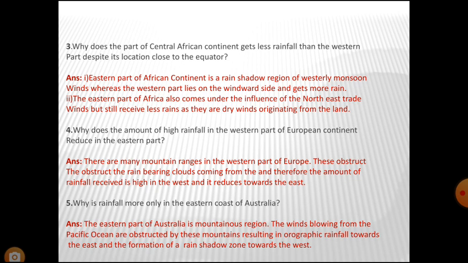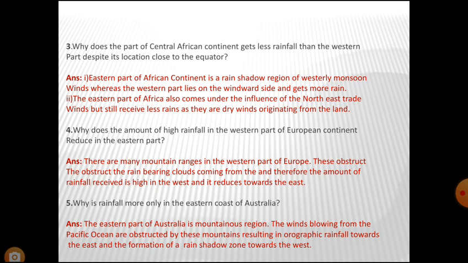So the eastern part of Australia is a mountainous region and the winds blowing from the Pacific Ocean are obstructed by these mountains, resulting in orographic rainfall towards the east and the formation of a rain shadow zone towards the west. So by this we have come to the end of this lesson. I hope that you have understood.